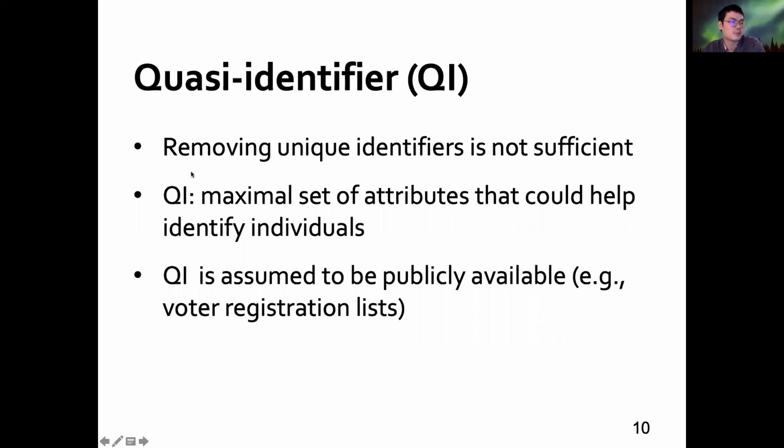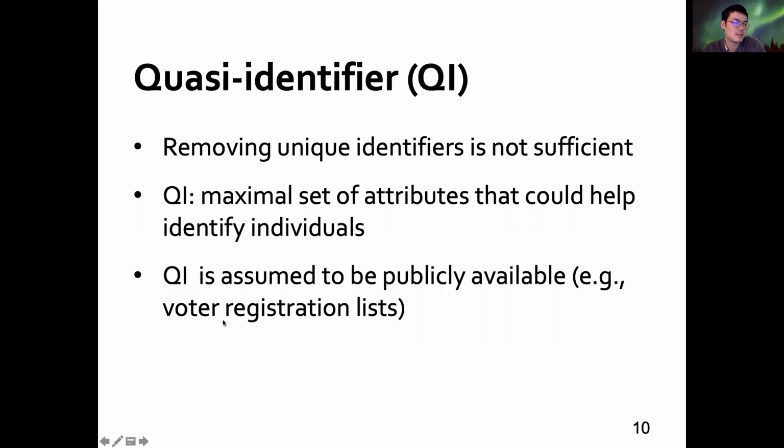So as we summarize here, removing the unique identifiers is not sufficient. The maximal set of attributes that could help identify individuals is called a quasi-identifier, like the gender, the zip code, and also the birth date. QI is assumed to be publicly available. For example, you can take another table, or you can just Google a little bit and find the person's information, maybe from LinkedIn or Facebook. On a lot of social networks you need to fill in your gender, your date of birth, etc., so they can easily get them.